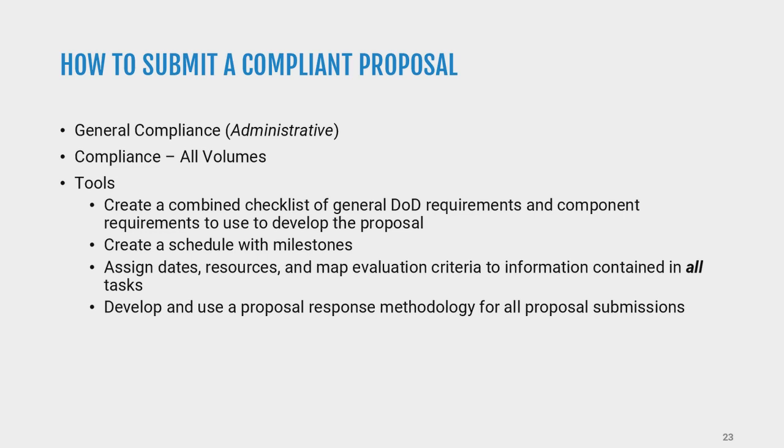The second part of compliance is in all of the volumes. So we saw earlier the technical, cost, and commercialization volumes, the company commercialization report, and the cover sheet. You want to make sure that, at minimum, you've got all those volumes covered. We're going to talk a little bit more about tools.